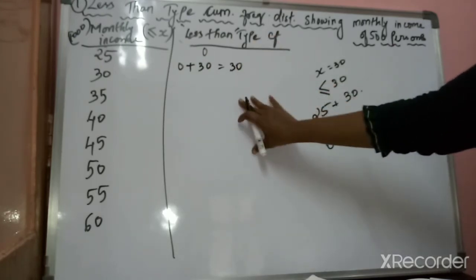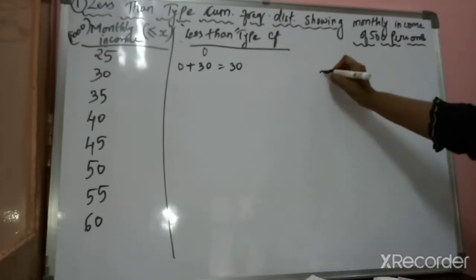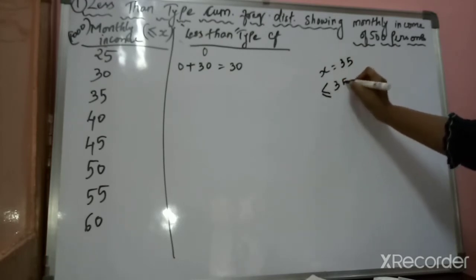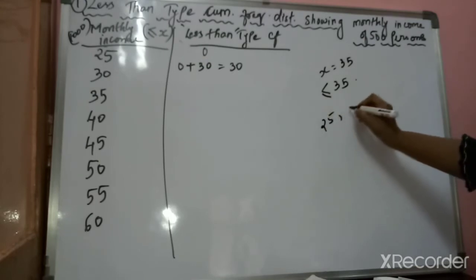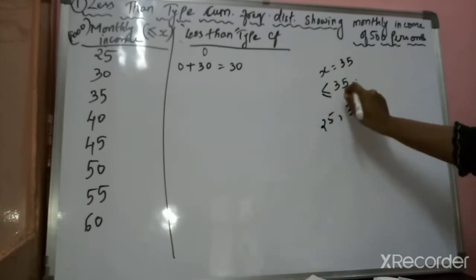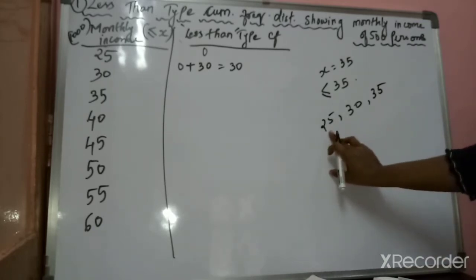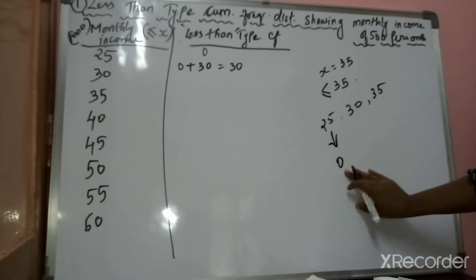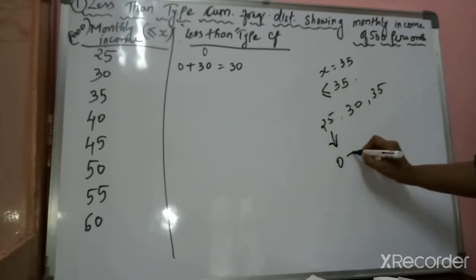Then next, again, x equals 35. So x equals 35, less than or equal to 35,000. Less than 35 includes 25, then comes 30 and equal to 35, so you have 35 also. For 25,000, no one is there, frequency no one. Then 30,000, how many was it? 30 people were there.